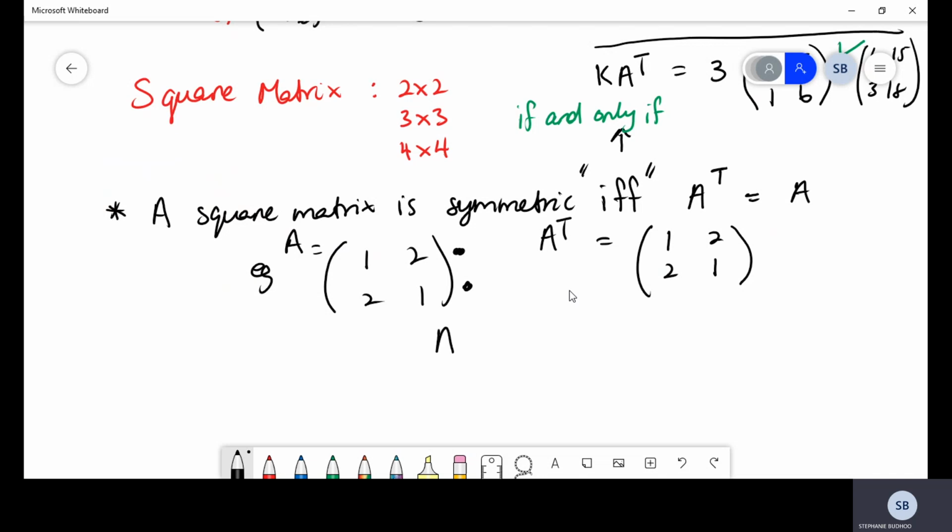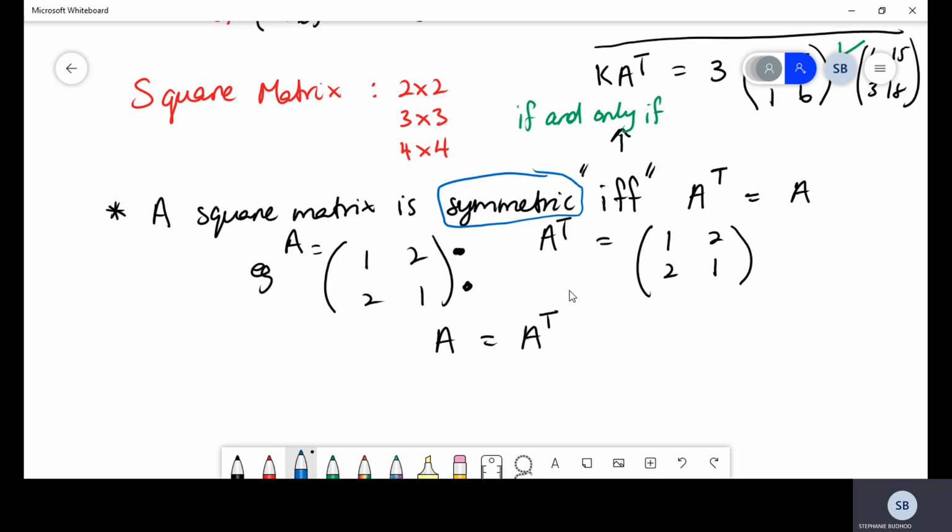We have A being the exact same thing as A transpose. Whenever you transpose a matrix and it looks the same before and after, it's kind of like twinning, like the same two people, mirror images of each other. So it's called symmetric. If that happens, these matrices are said to be symmetric.